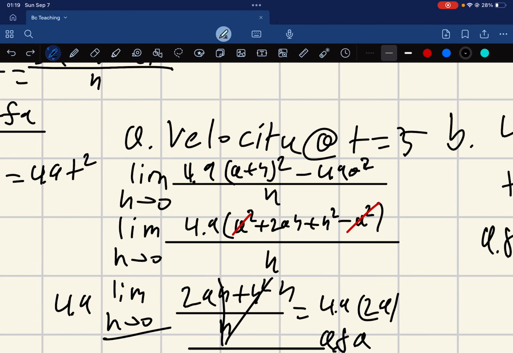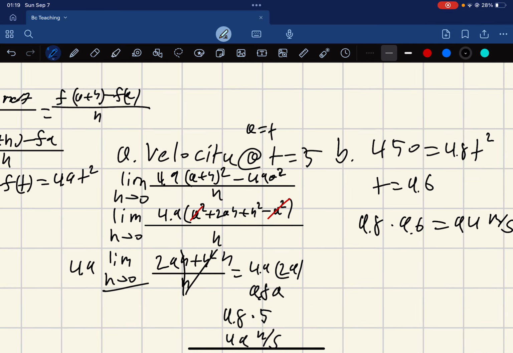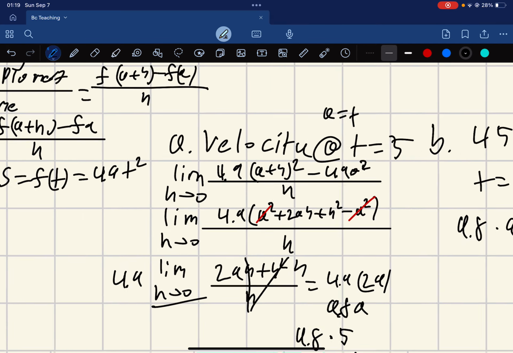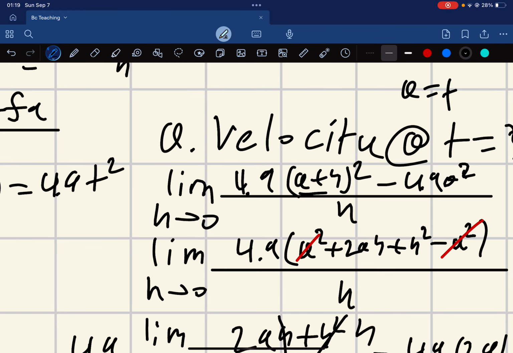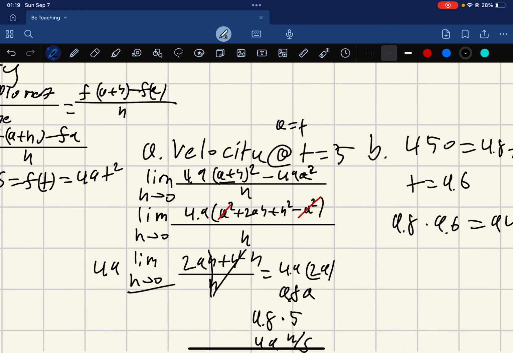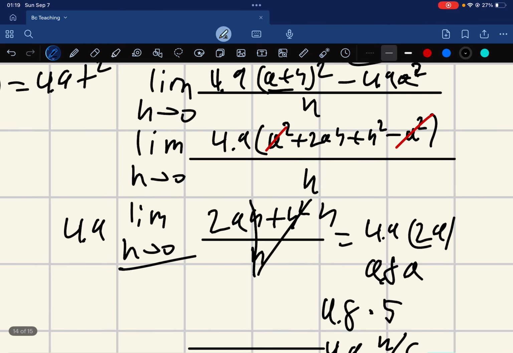So for now, let's say a equals t, and we just use a instead of dealing with all the numbers right now. So using the formula, you get 4.9 times a plus h squared minus 4.9a squared divided by h. You expand everything, you get rid of some terms.